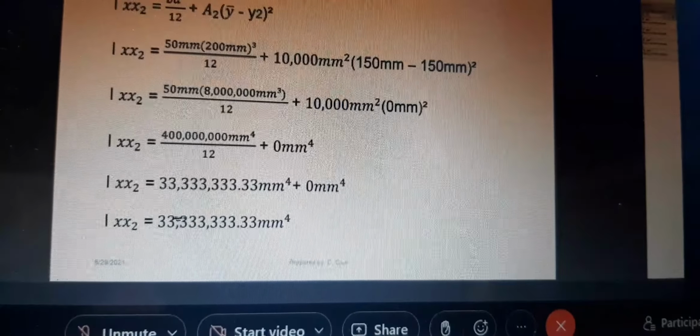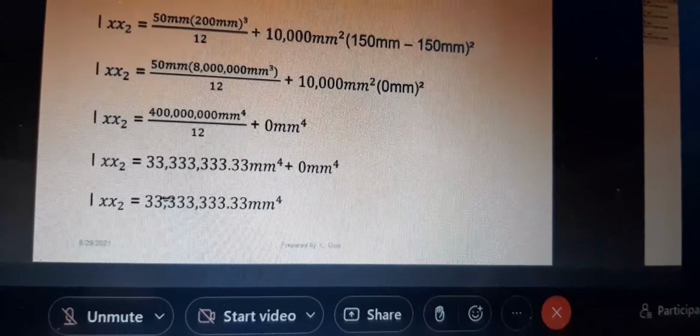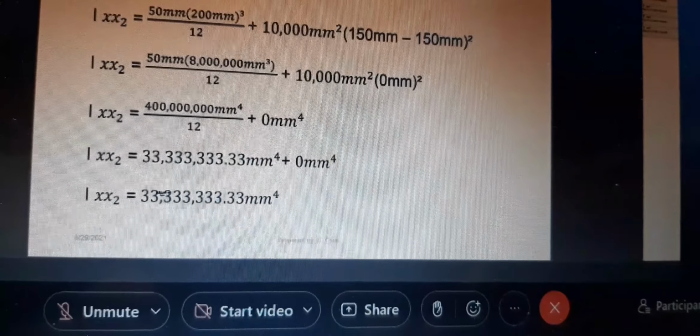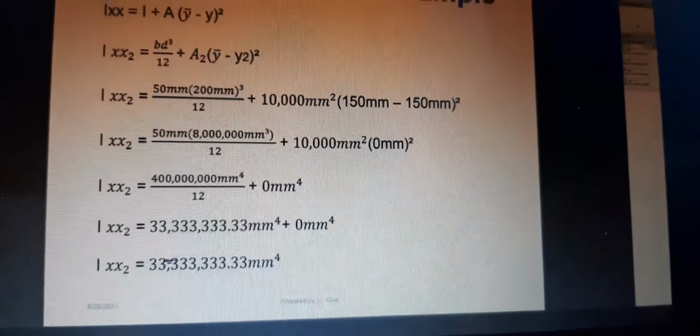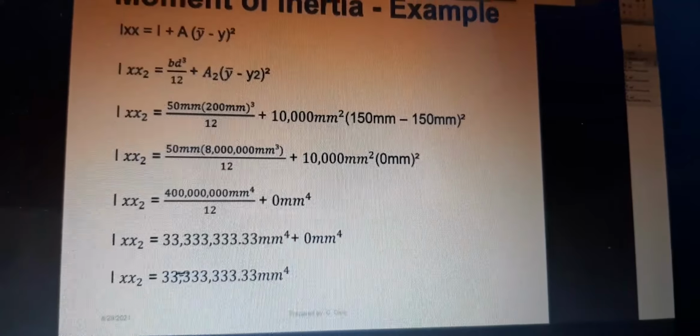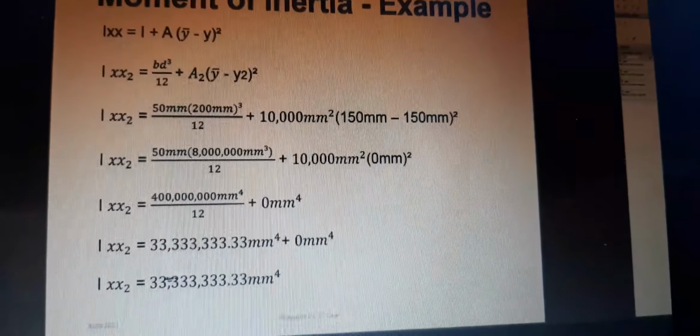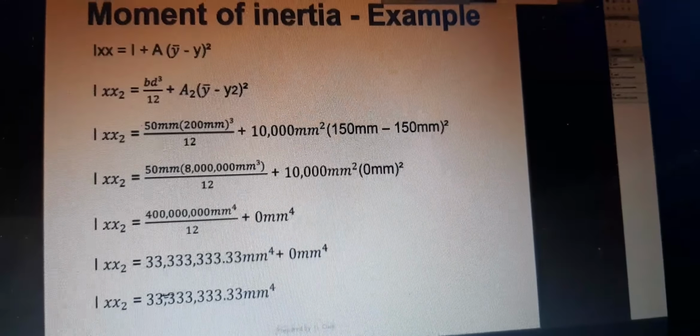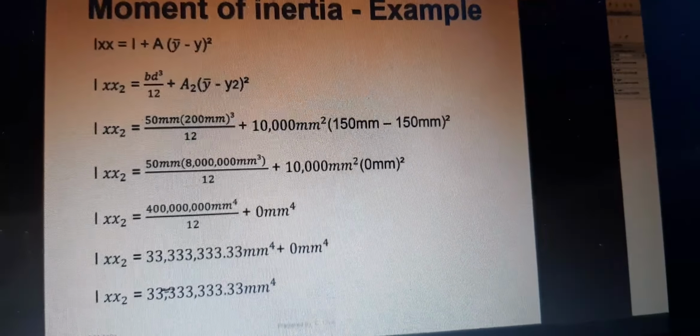When you put that in your calculator, you get back this value. You should actually have 33.33 if you want to be accurate, because if you have 33 alone times 10, you're going to get zeros.